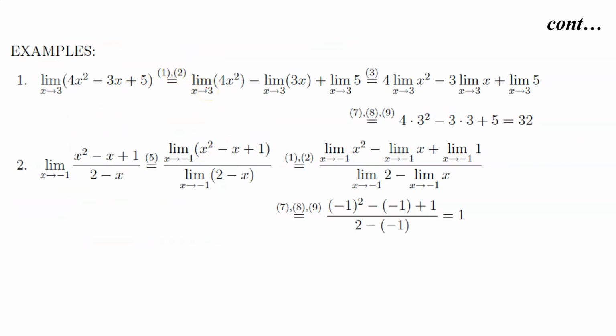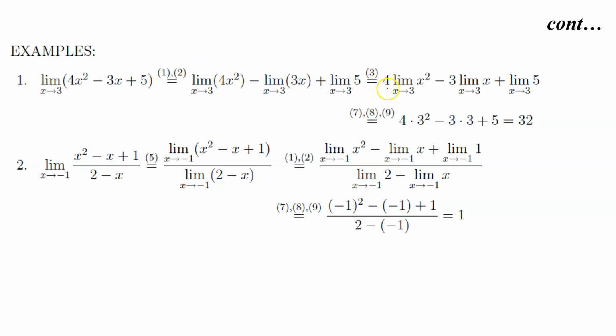Then you have limit 4x squared. You can simply break it into 3 limits like this. Limit 4x squared minus limit 3x plus limit 5. Okay, then you can solve this one. Since you have 4 over here, 4 is actually a constant. You can just put it outside.